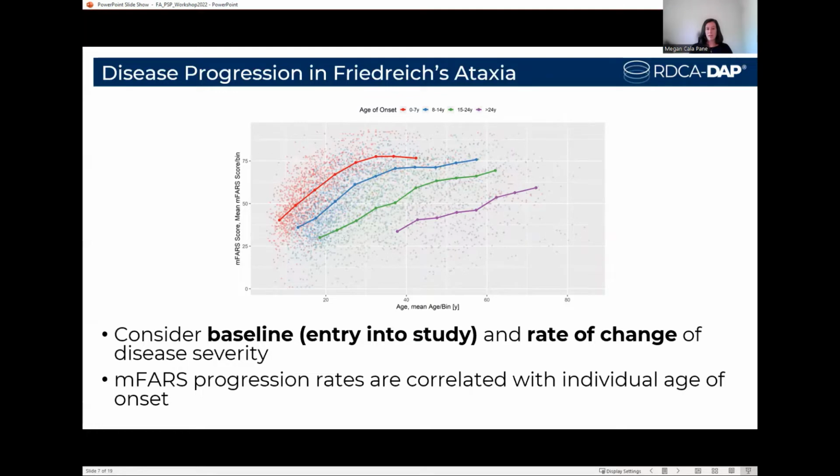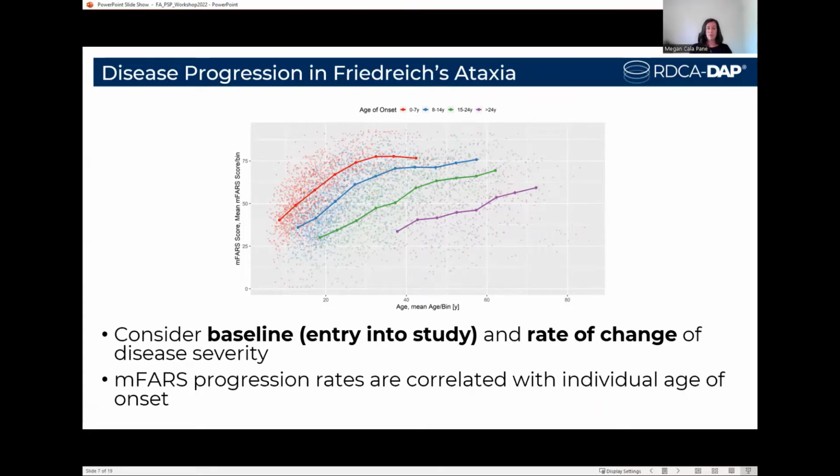And in Friedreich's ataxia, the progression rate is correlated with individual age of onset, and this can be visualized in the scatter plot of mFARS scores versus age by stratifying or grouping these individuals by their age of onset of clinical presentation.